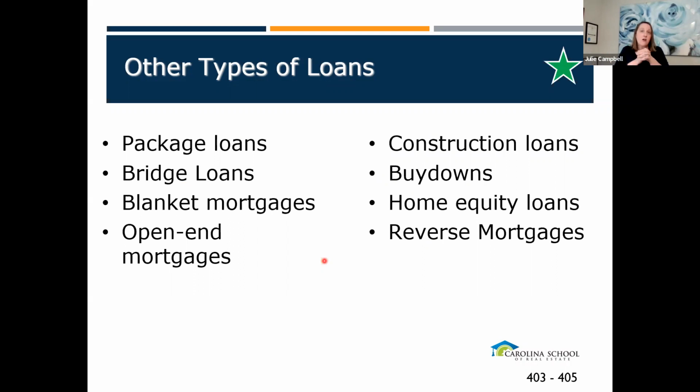For example, it's not uncommon if you're buying a condo at the beach to buy it furnished. So if you're buying a furnished condo, did y'all just think of a bunch of wicker when I said that? If you're buying a furnished condo, you're buying the condo, the real property, but you're also buying the furniture, the personal property. So package loans could be used for that.